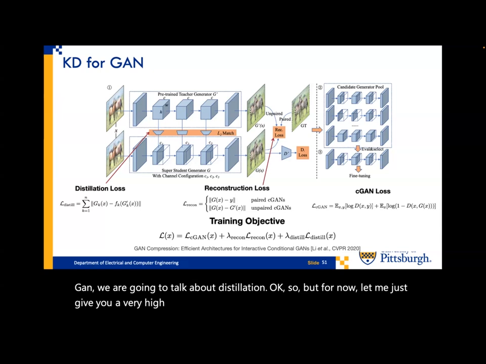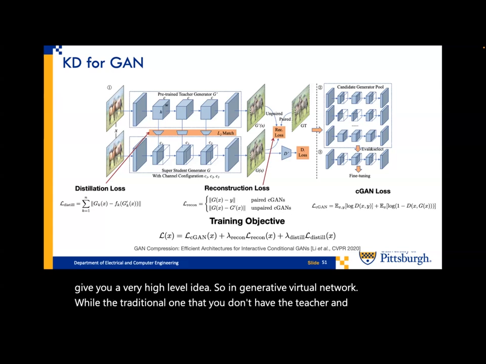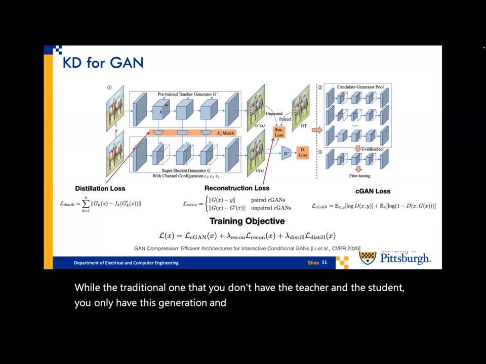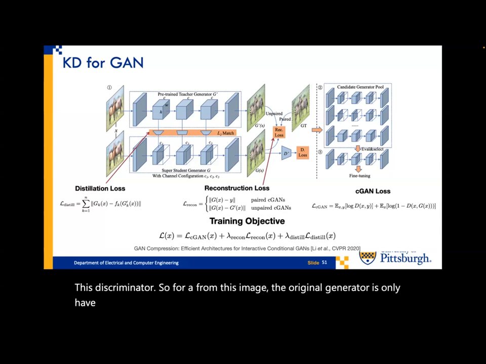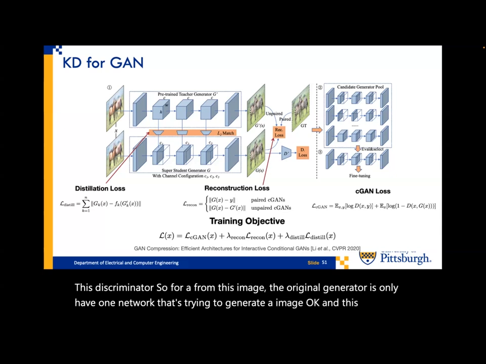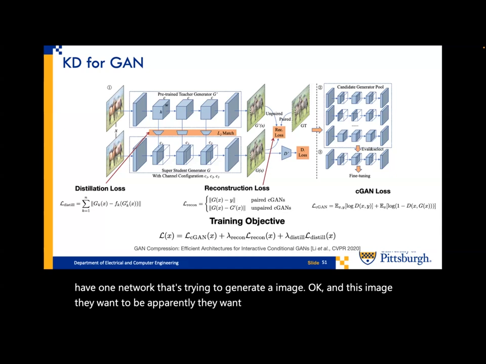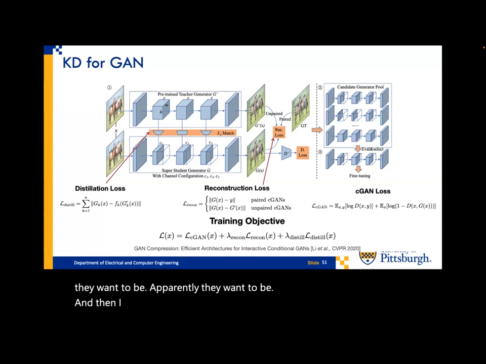In a generative adversarial network, the traditional one, you don't have the teacher and the student. You only have the generator and the discriminator. From this image, the original generator has only one network that's trying to generate an image, and then I have a discriminator. The generator is trying to fool the discriminator and make it think the image is the same as the grounded truth.